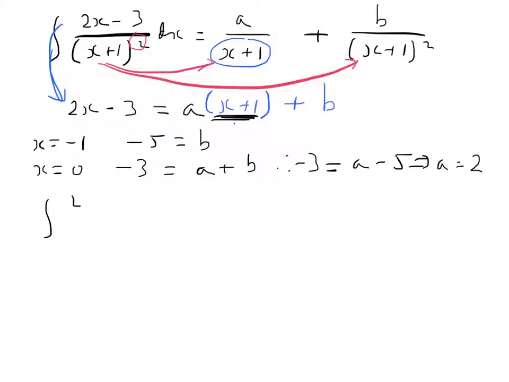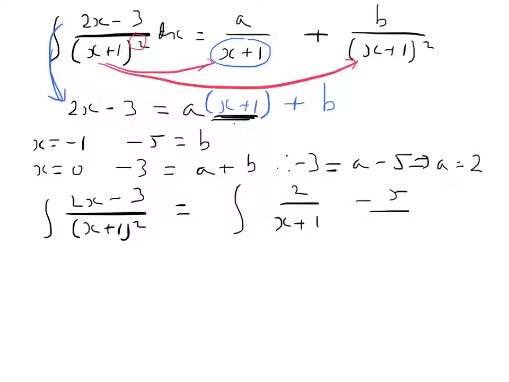Therefore, that integral, 2x minus 3 on x plus 1 squared, is actually the same as evaluating the integral of 2 over x plus 1 minus 5 over x plus 1 all squared dx.